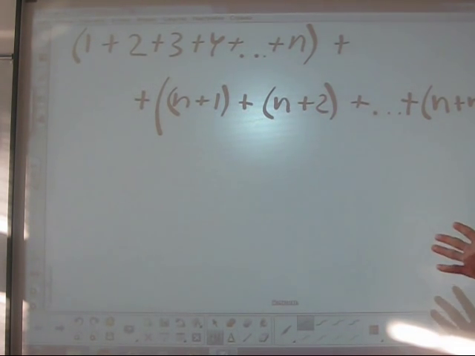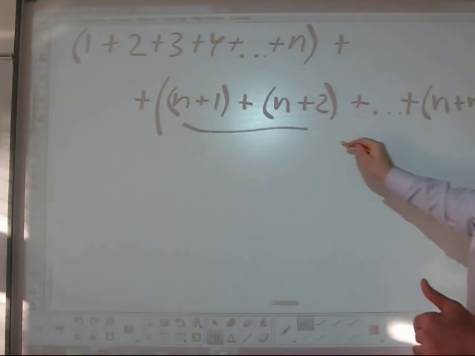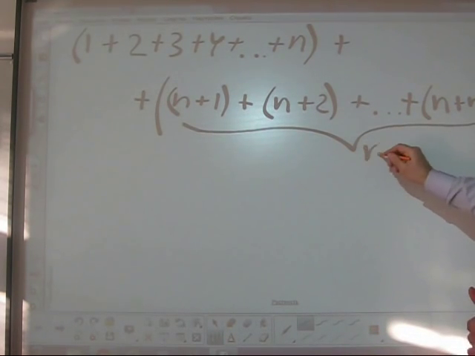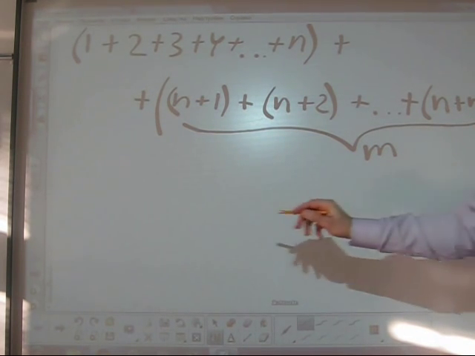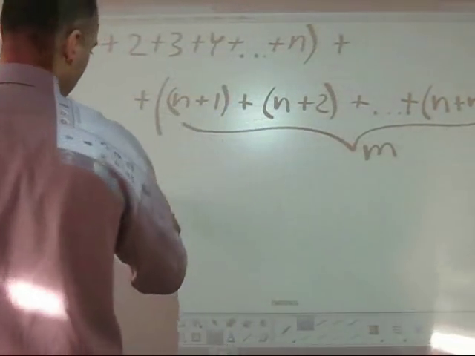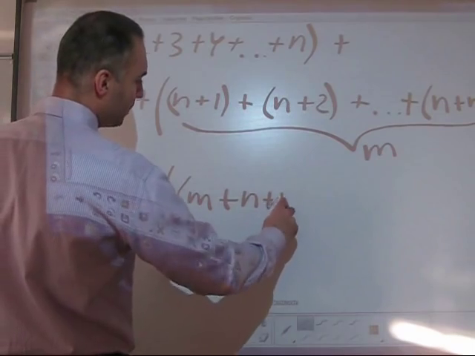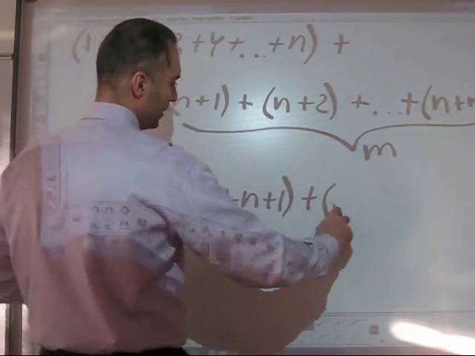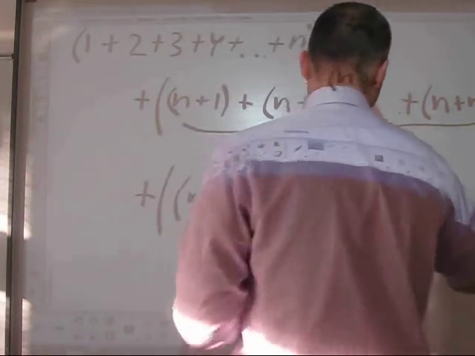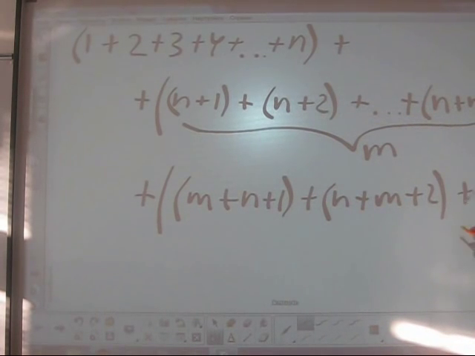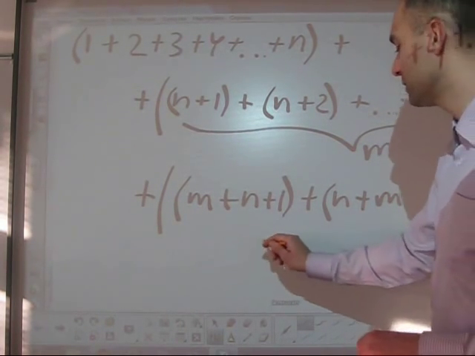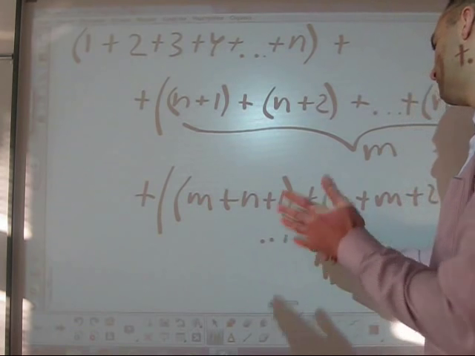Now in this group we have m terms, m numbers. In the next group we will start with m plus n plus 1, n plus m plus 2 and so on until we get to the end of this group.